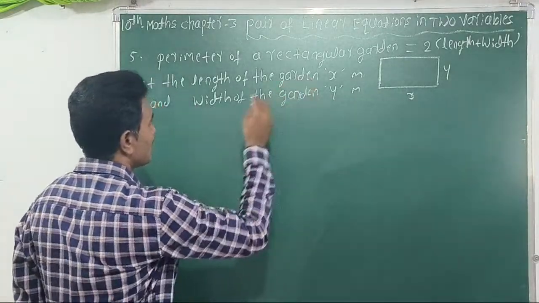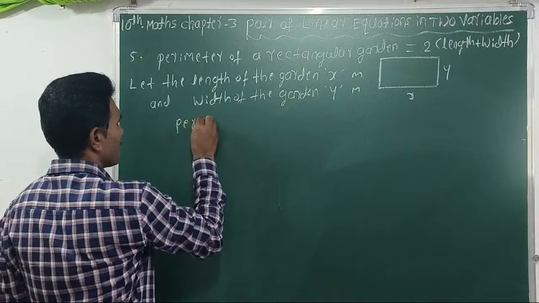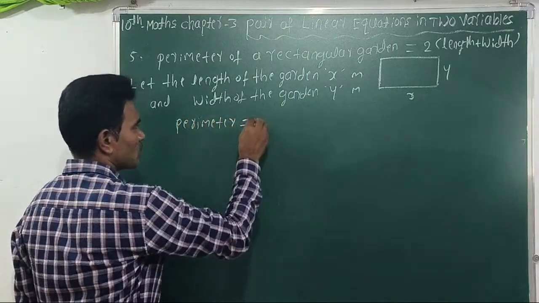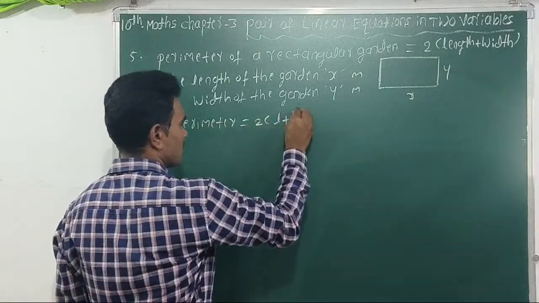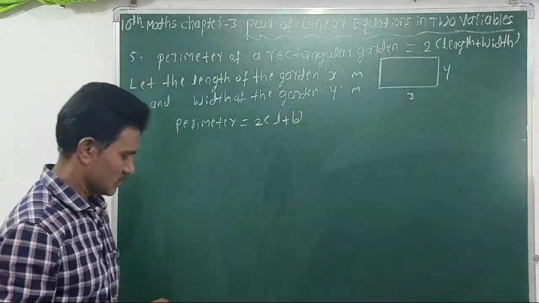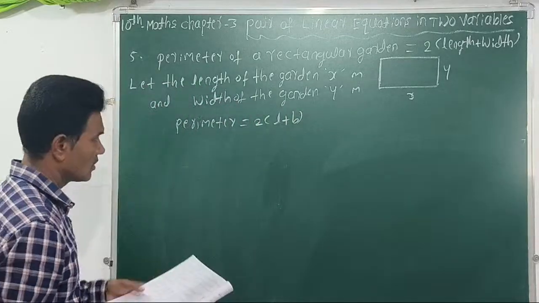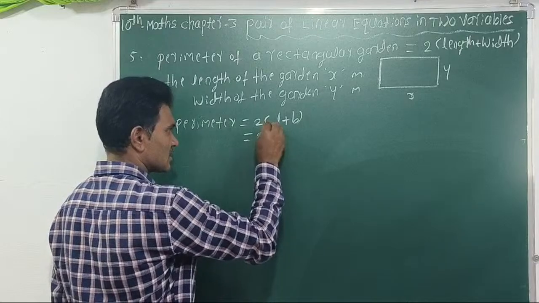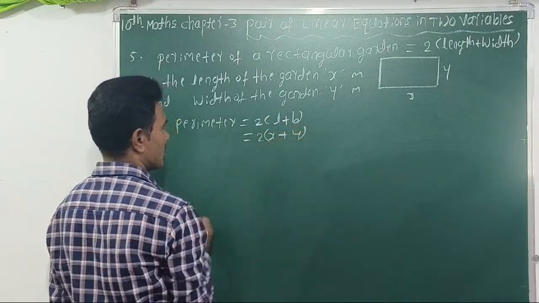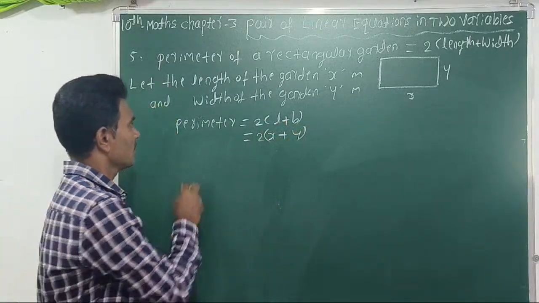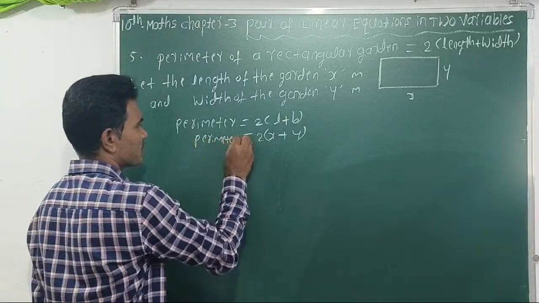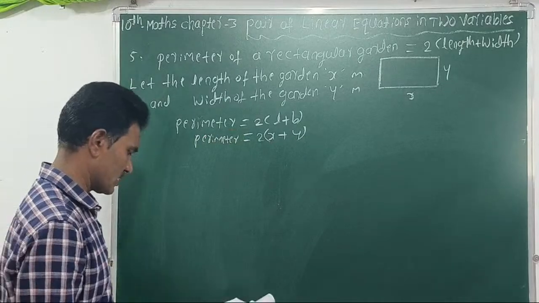Then perimeter is equal to 2 into L plus B. That is, here we have taken L as x, B as y. Perimeter equals 2 into x plus y.